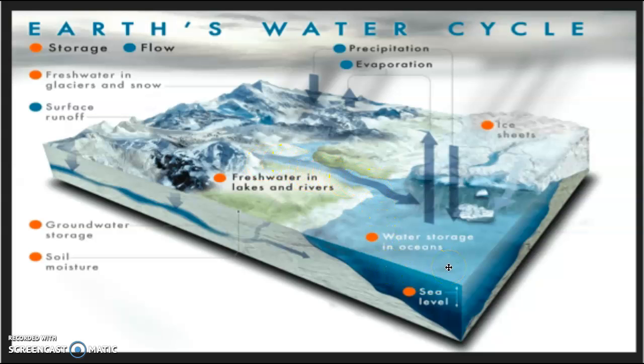And when the oceans get oversaturated, precipitation and evaporation, well, first I guess it starts with evaporation, which turns into all of that extra water vapor up in the Earth's atmosphere, and then that will oversaturate the clouds and turn to precipitation, which then comes back down to the Earth, and it comes down in either snow or rain, and it kind of starts that whole cycle all over again.